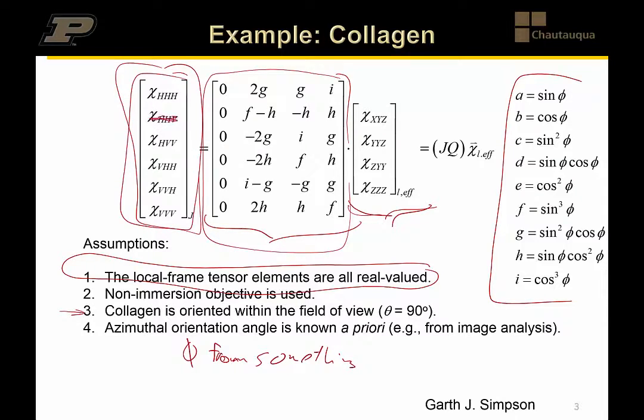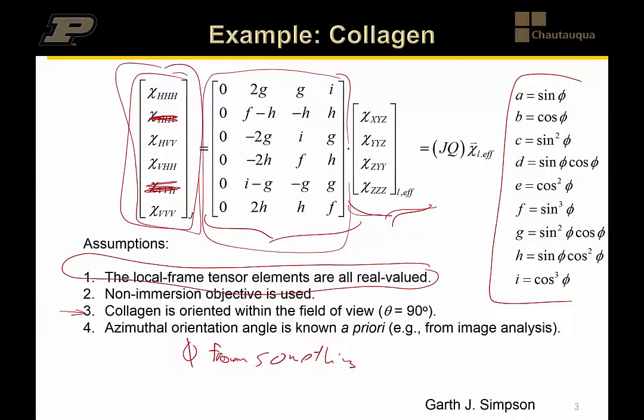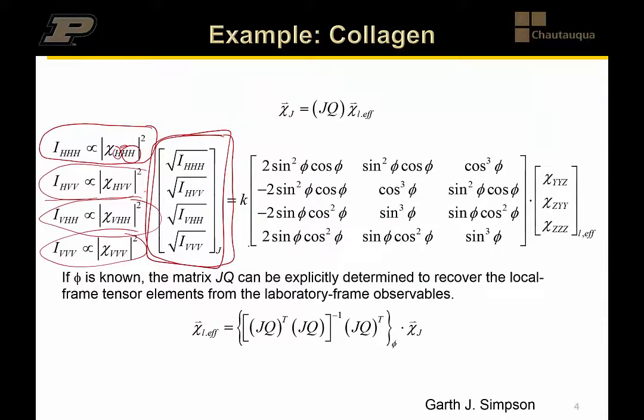So if we exclude this one and only consider pure polarization components, we have those four, and they correspond to this set right here if we assume everything is purely real valued. We only have four of them, so we have to do some reduction. We're going to remove this row, and this row. And because we're removing this tensor element, since everything is zero valued, we can also remove this row in that column. What we're left with is a 4 by 3 matrix that converts the two vectors.